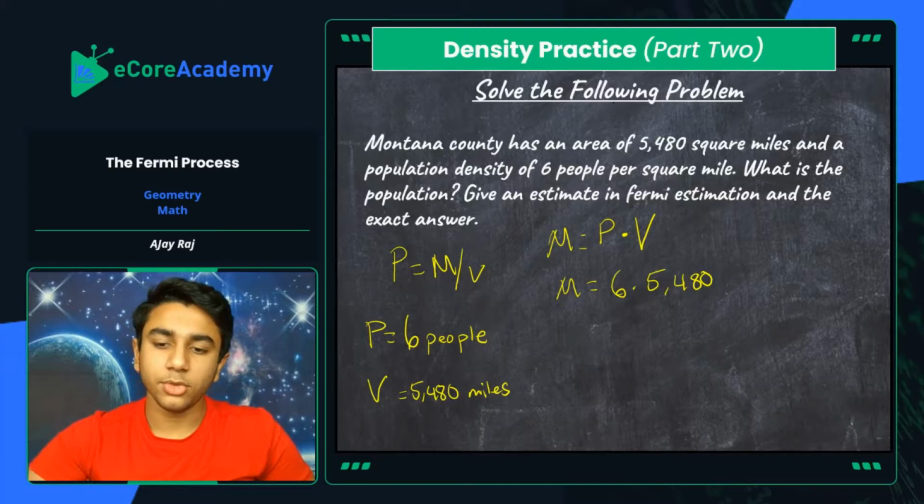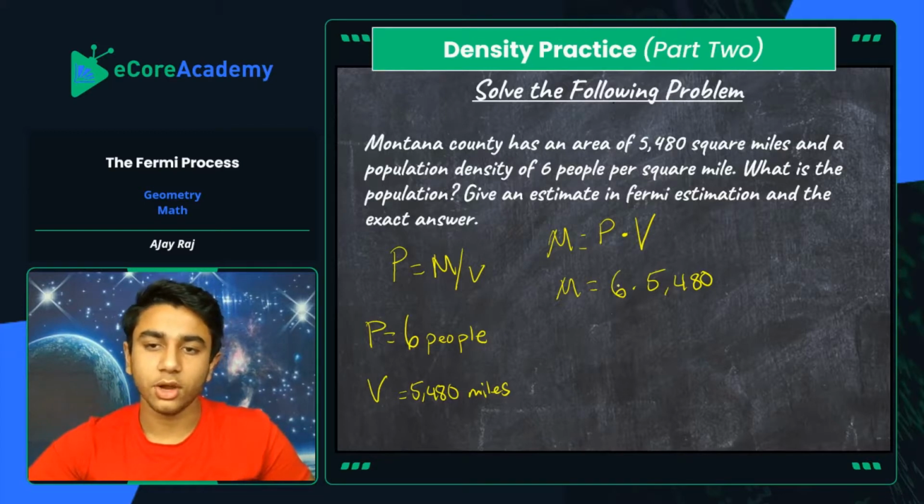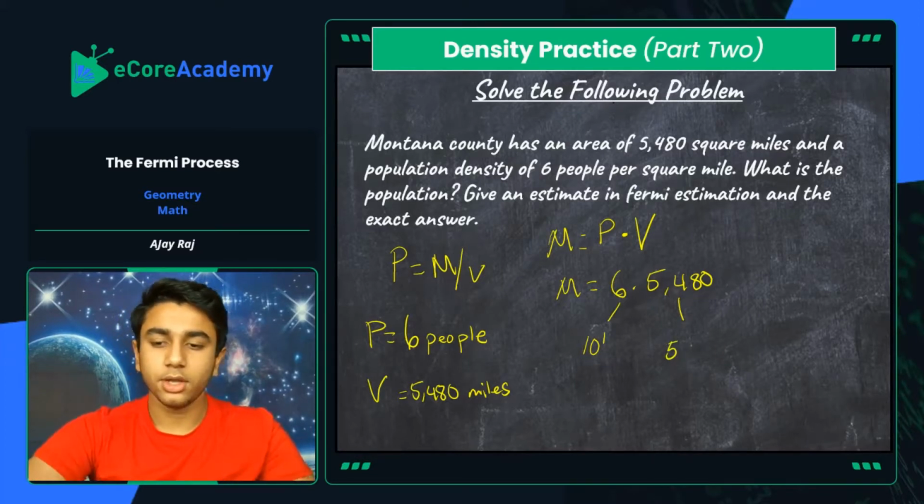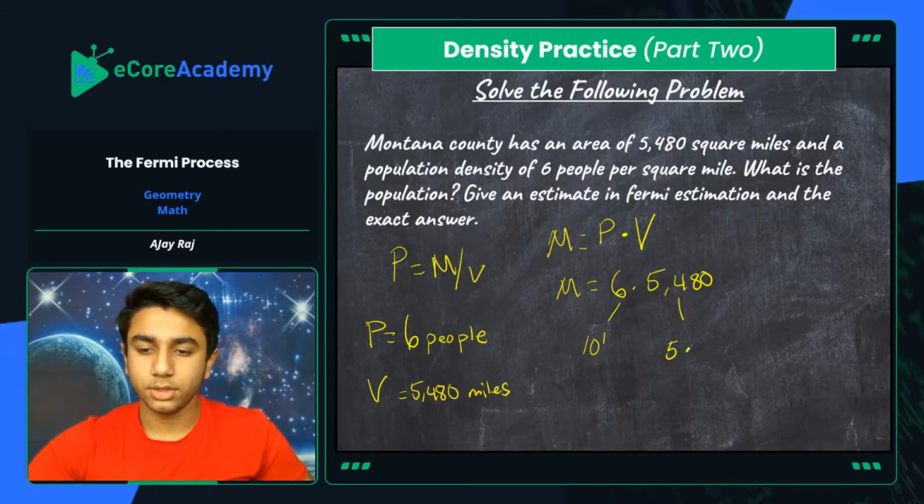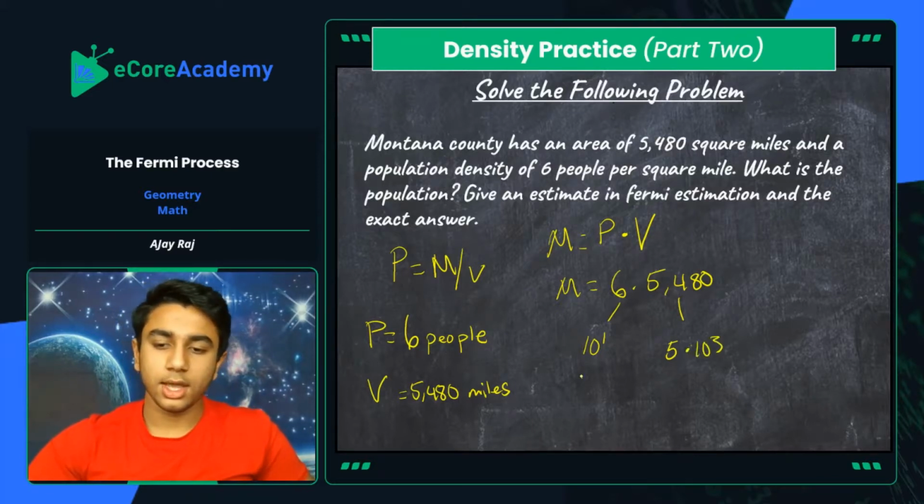And in this case, we're going to start the Fermi process here in this density problem. We're going to say that 6 is approximately 10 to the first. 5,480 is approximately, we'll do second level for now, 5 times 10 to the third. So M equals 10 to the first times 5 times 10 to the third.